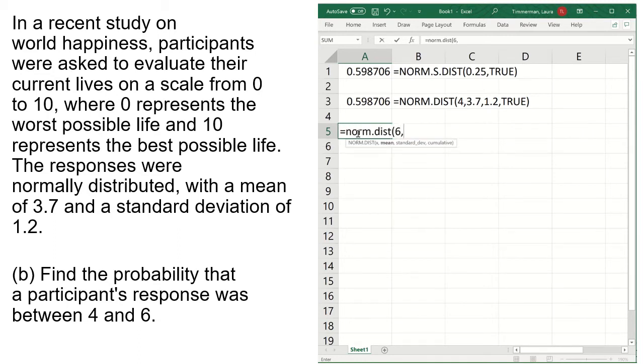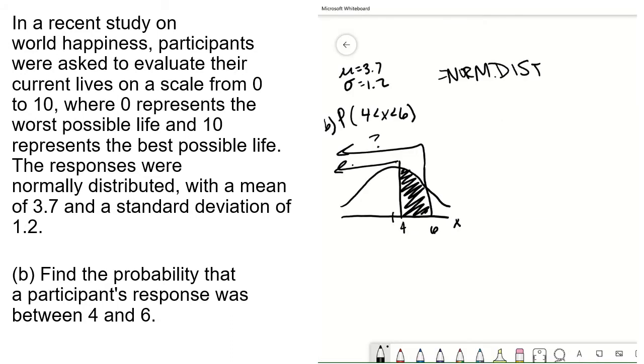Now we have an x value of 6, our mean is still 3.7, and our standard deviation is still 1.2. We're still going to use true. So I'll put my formula out here so you can see it. So that means we get 0.9724 when we round to 4 decimal places, as the question asks.